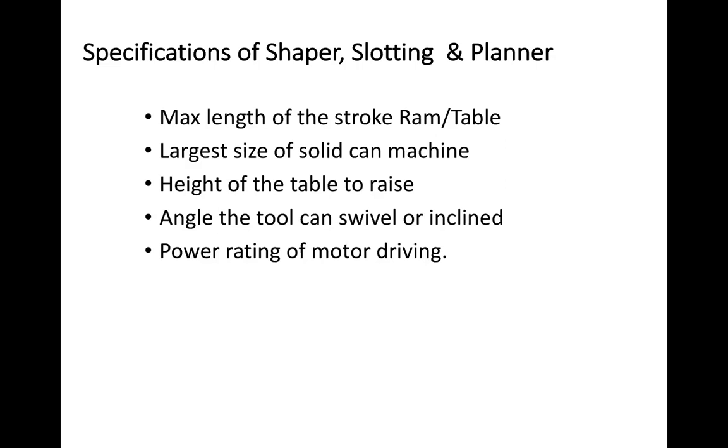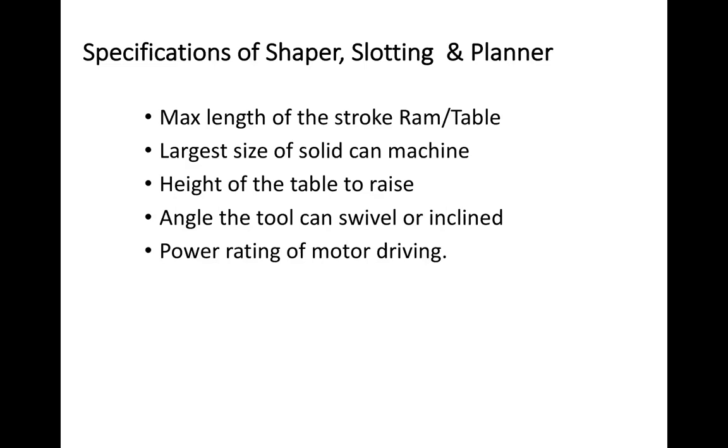Also the power rating of the motor driving the machine, that is, the capacity of the motor, is one of the specifications. So for shaper, slotter, and planer, these are the five specifications. In addition, depending upon the type of quick return mechanism, whether hydraulic or pneumatic, that can also be considered a specification.